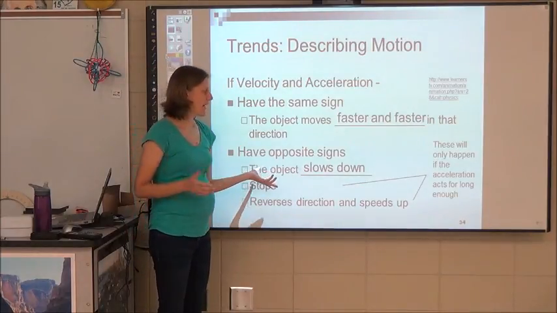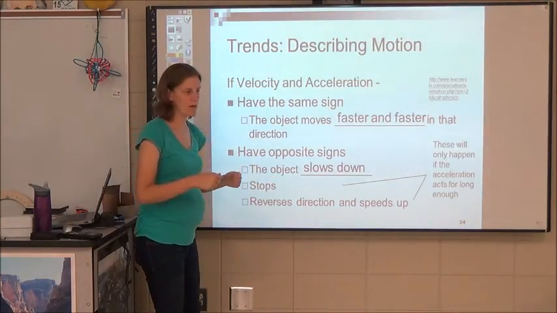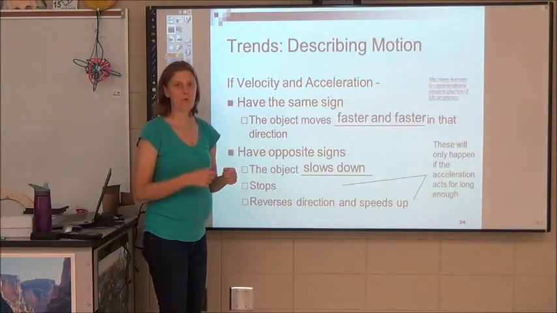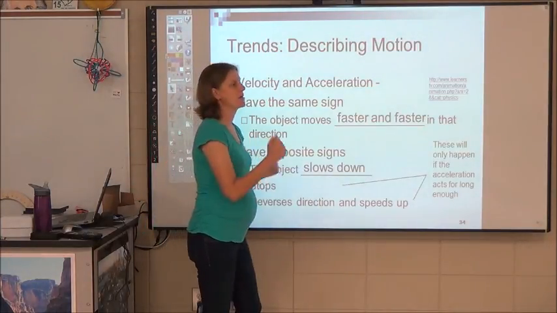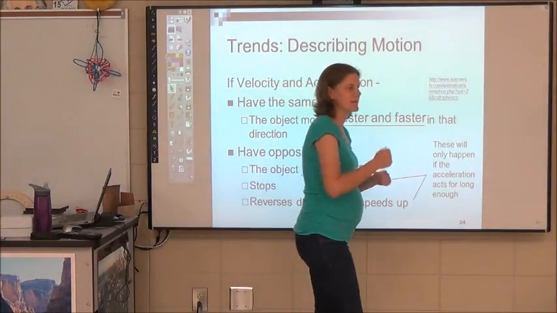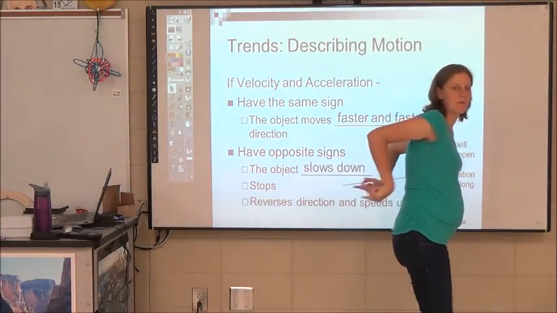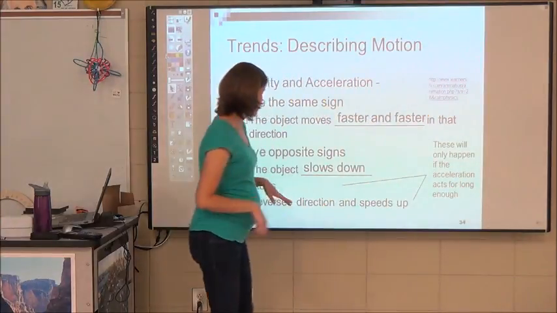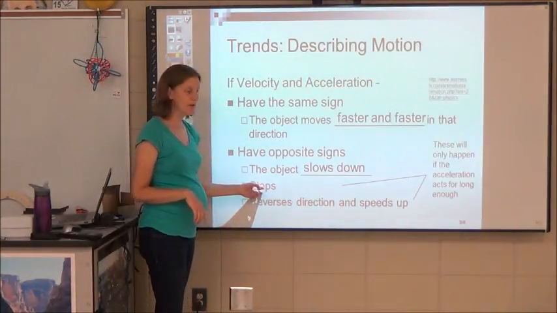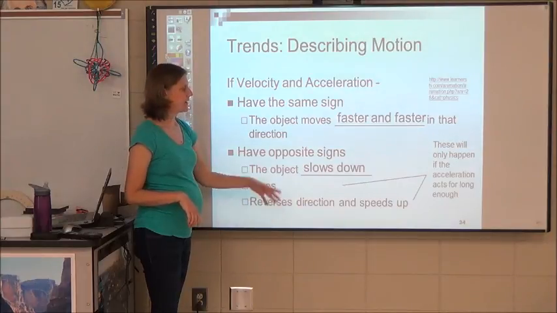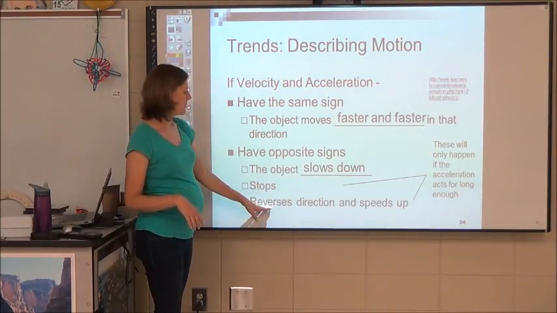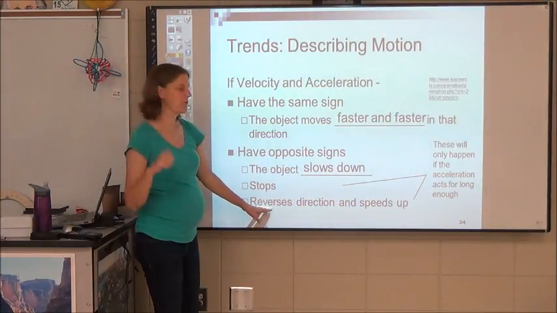But maybe try to imagine a runner running against a humongous rubber band or a bungee cord or something. So they're running, maybe positive velocity, negative acceleration, that rubber band's trying to pull them back the other way. At a certain point, that runner is going to stop, and if that force from the rubber band is constant, which it wouldn't really be, it would pull the runner back the other way.